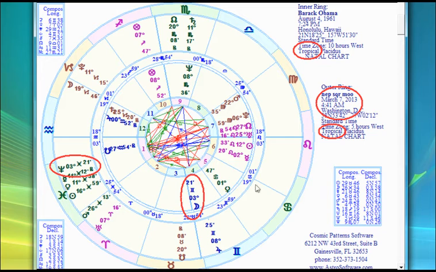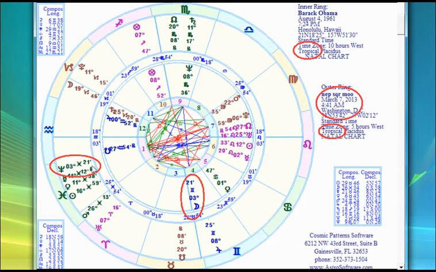So anyway, now in the inner ring, this is where the planets were when Barack Obama was born, and these are his house cusps. And in the outer ring are the planets, and it tells me over here, I circled in red, on March 7, 2013, specifically at 4:41 a.m. in Washington, D.C., this is transiting Neptune.